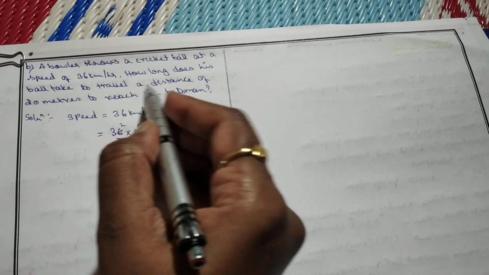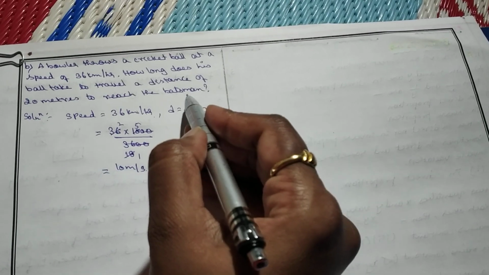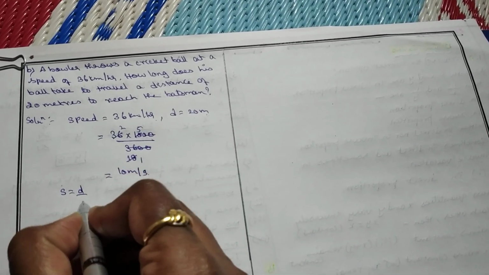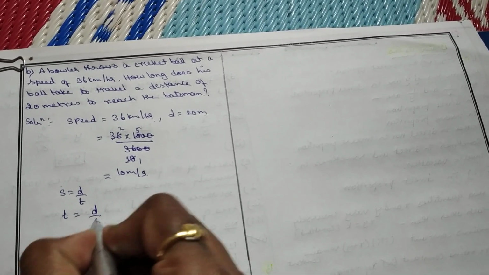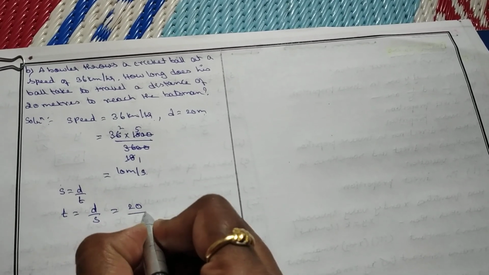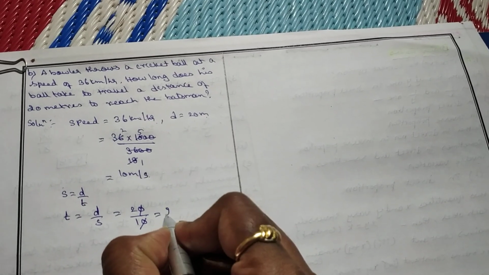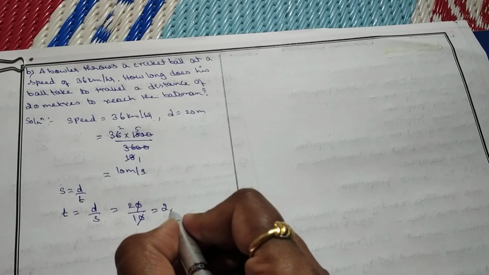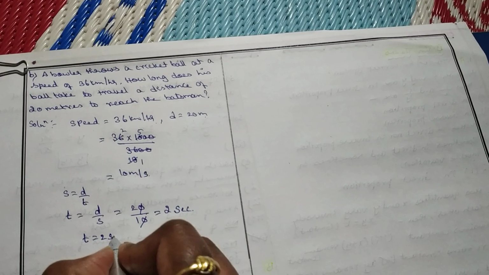We are asked how long the ball takes to travel 20 meters to reach the batsman, which is the time. We know speed is equal to distance by time, then time is equal to distance by speed. Distance is 20 meters and the speed is 10 meters per second. The zeros cancel, which equals 2, and since the speed is converted to meters per second, the time will be 2 seconds. So the time taken is 2 seconds.